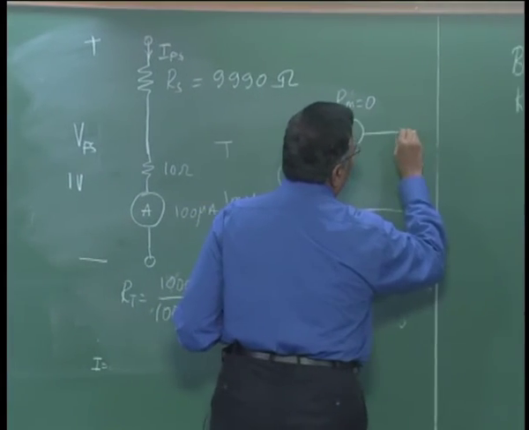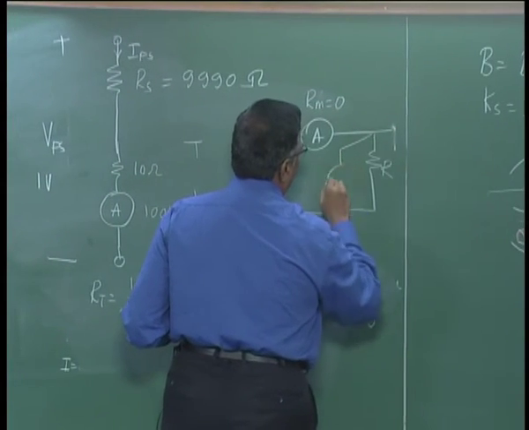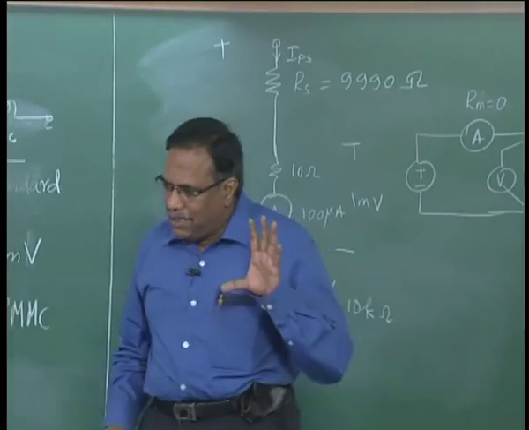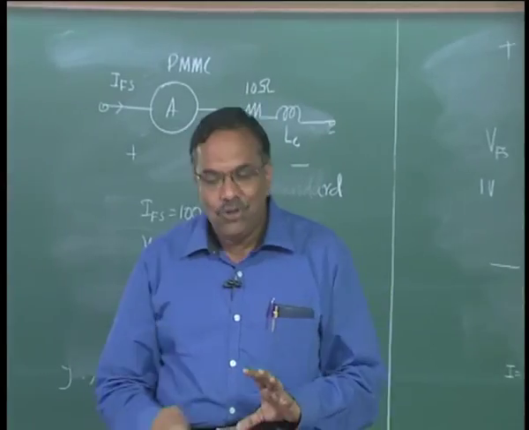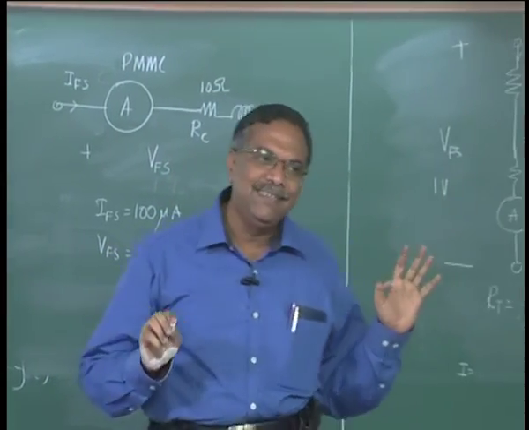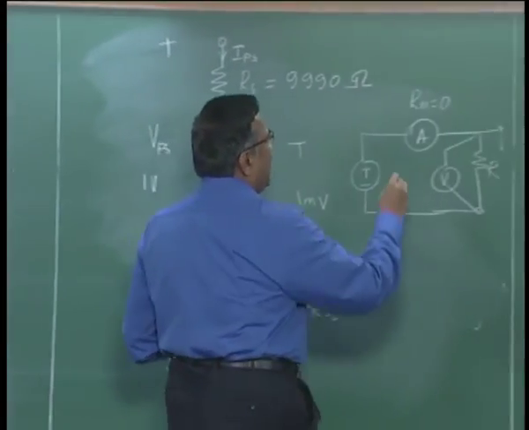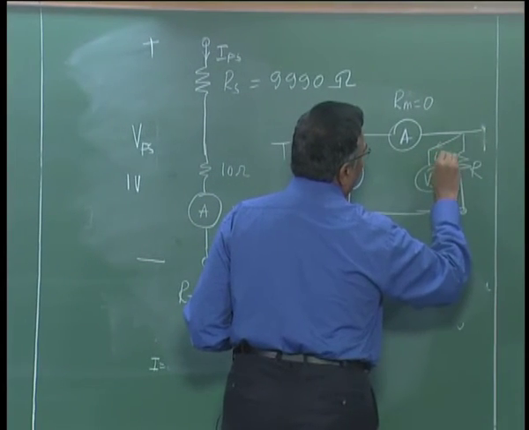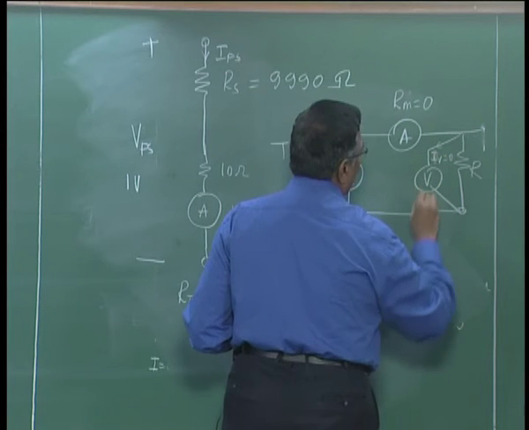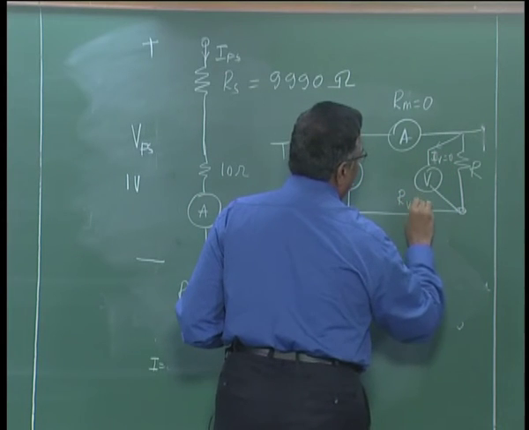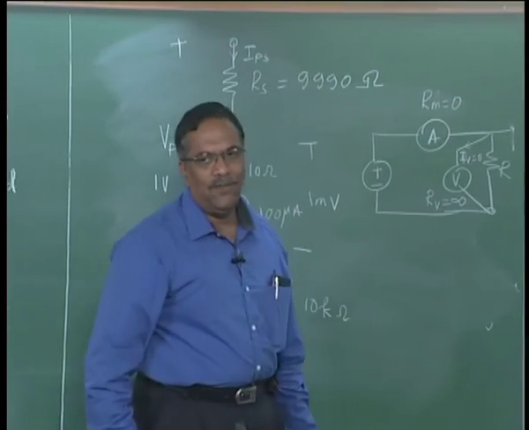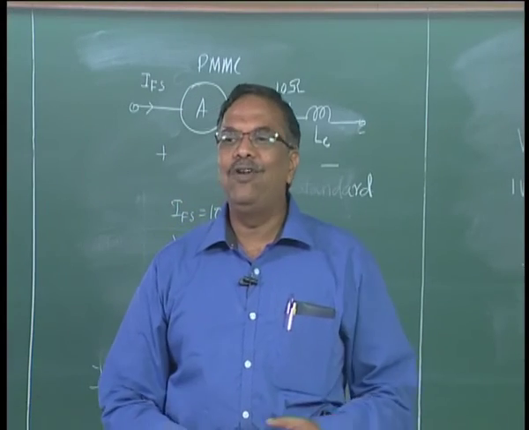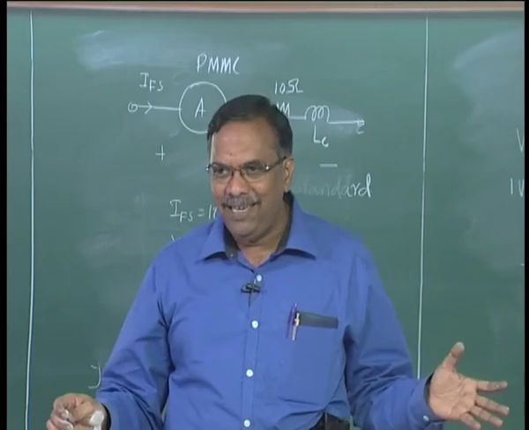If I want to measure a voltage, I put a voltmeter across the resistor, right, and when I connect the voltmeter across the resistor, it should not disturb the circuit. So the voltmeter should not take any current, right, it has a voltage but no current, IV must be 0. So our voltmeter resistance must be infinity. So, for an ideal ammeter, its internal resistance must be 0, and for an ideal voltmeter, its internal resistance must be infinity.